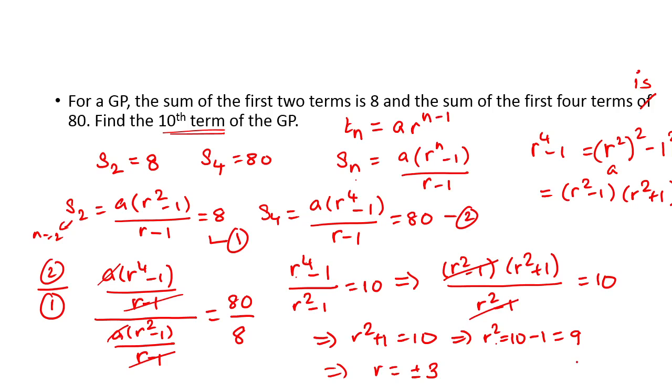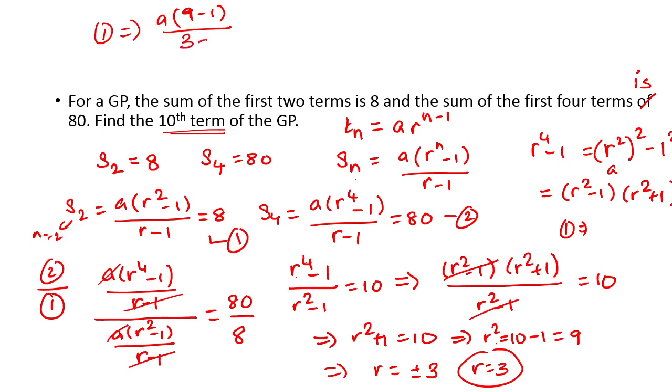So we can use one of these equations now. We got r, so let us take r equal to 3. If you put r equal to 3 in one of these equations, say equation 1, I'll get the value of a. So let us substitute. Equation 1: a into 3 square is 9, 9 minus 1, divided by 3 minus 1, is equal to 8.